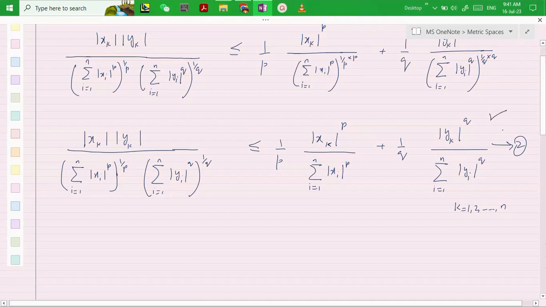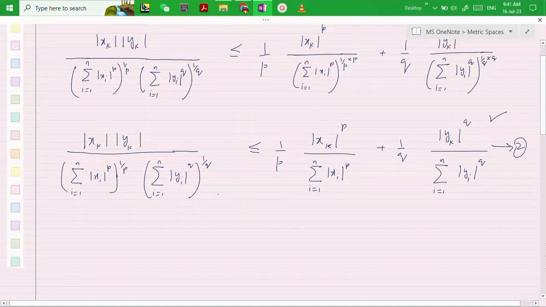Equation number 2 is for each k, so in particular we have n number of inequalities.